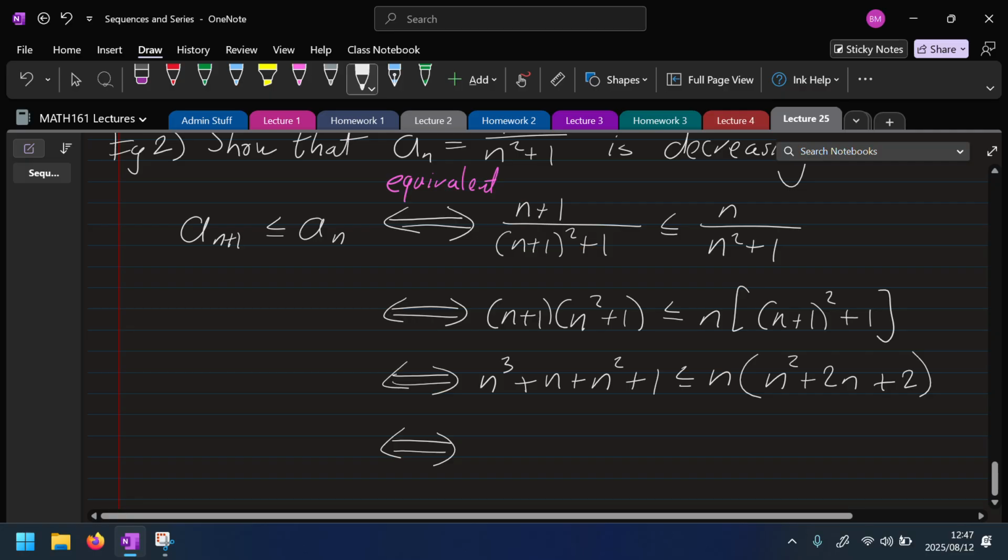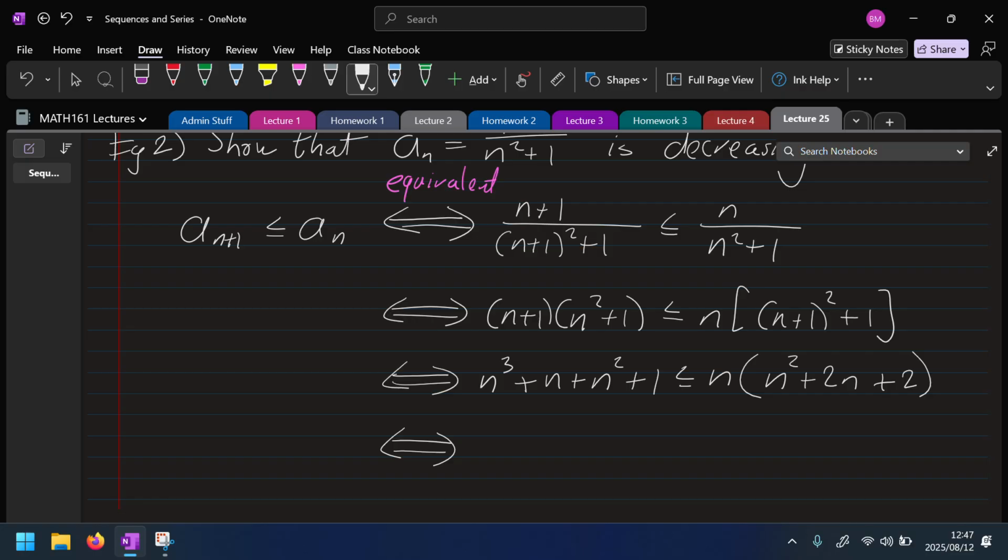Okay, so this is equivalent to, we can distribute the n inside, and that doesn't change anything. So that will be n cubed plus n squared plus n plus 1, less than or equal to, distributing the n, that will be n cubed plus 2n squared plus 2n. Again, nothing's been changed, we've just done distributing.